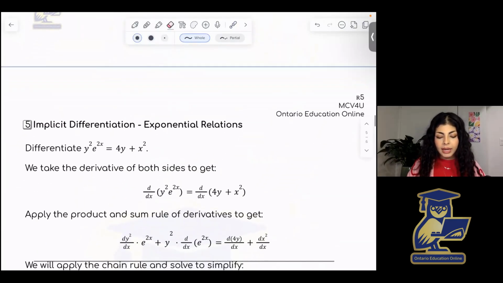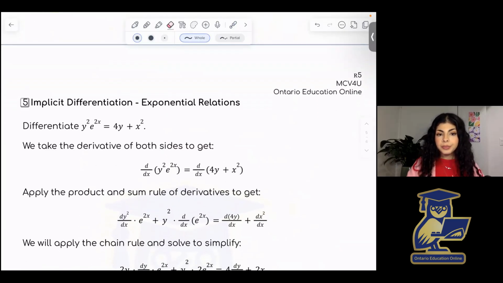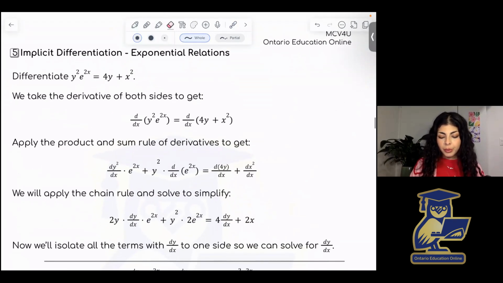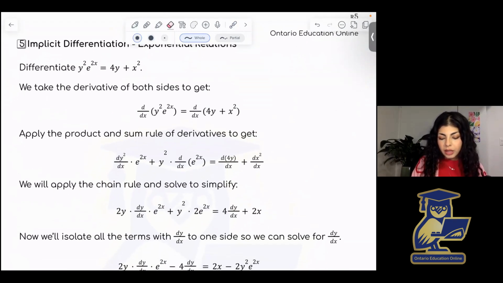Now let's look at implicit differentiation with exponential relations. Start by taking the derivative of both sides. So in the left-hand side, I have a product rule, and then in the right-hand side, I have a sum rule.